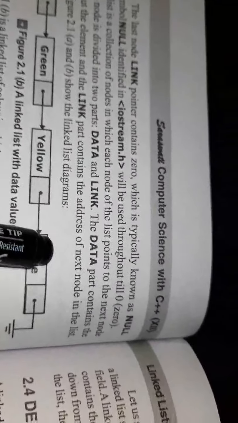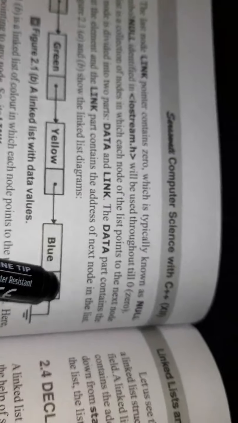That means after this color there is no more color to be added, so that's why this is 0, which means null. So this link is the last link, which becomes 0, that is null. Here, if violet is written, this will be the null value, that is 0.